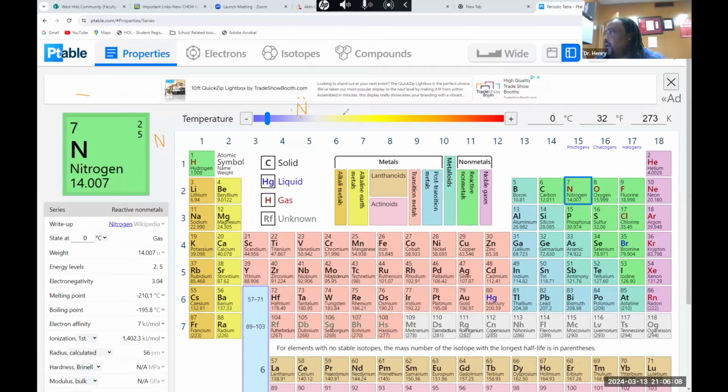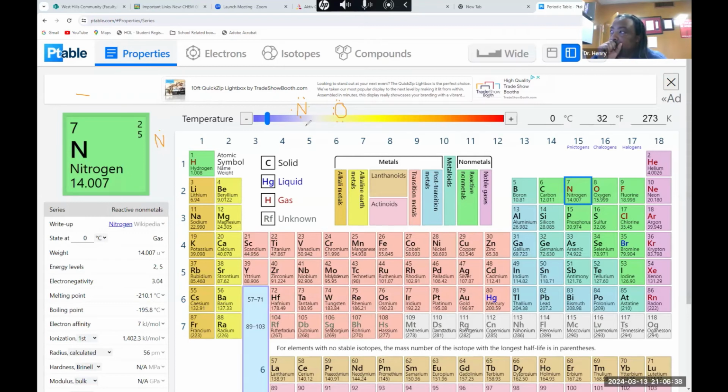And then oxygen has how many valence electrons? That's right, it has 6. So that's 1, 2, 3, 4, 5, 6.